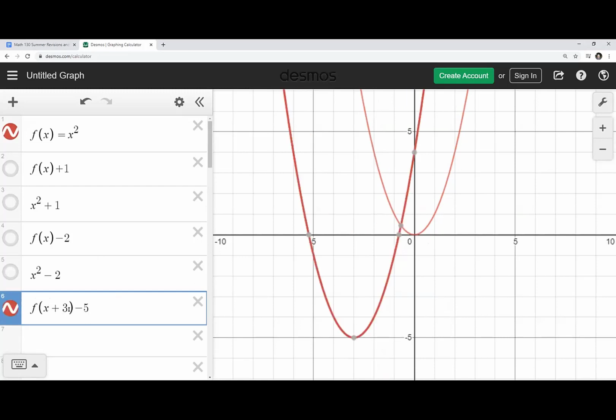So what did we do here? We shifted to the right 3 units and then shifted down 5 units. I'm sorry, shifted to the left 3 units and down 5 units. Even professors can mix that up a little bit. So you want to be careful with that as well. We can also apply multiple transformations to a function as well.